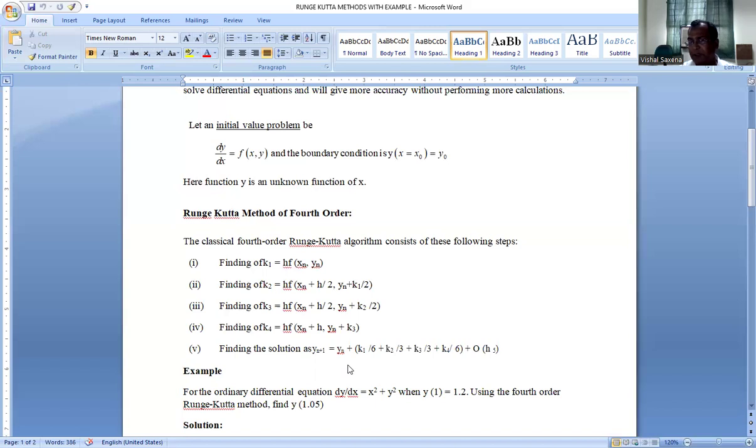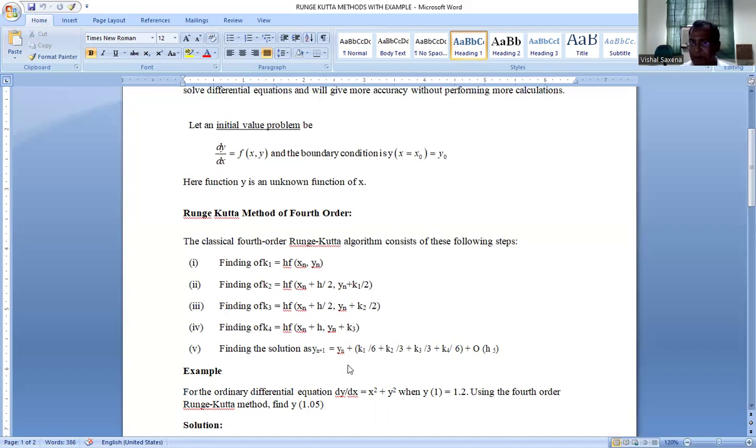Next, K3 is given by h into f(xn plus h by 2, yn plus K2 by 2). Again h is the width of the interval, f is the dy by dx term, xn is increased by h by 2, and yn is increased by K2 by 2.